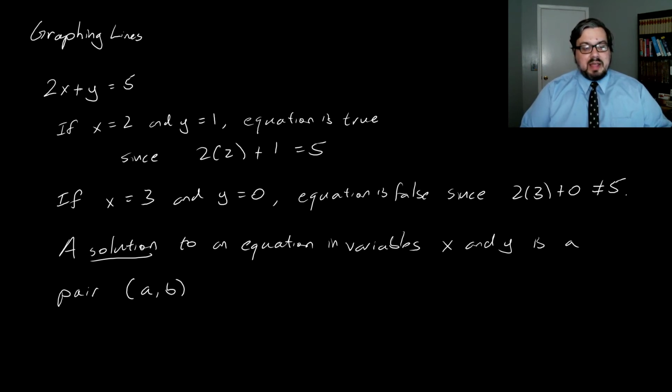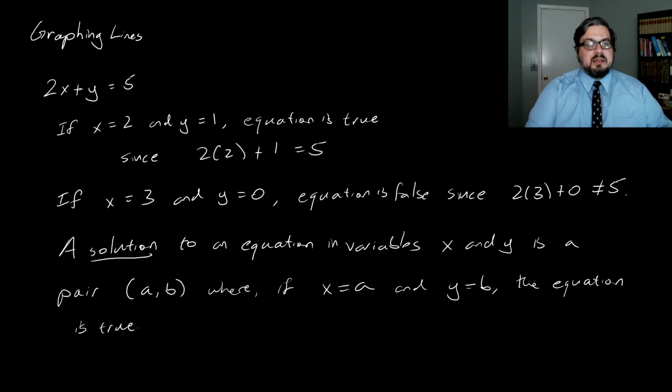I'll say it's a pair (a, b), where if x equals a and y equals b, the equation is true. Thus, in the example above, we would say that the pair (2, 1) is a solution. But we would say that the pair (3, 0) is not a solution.